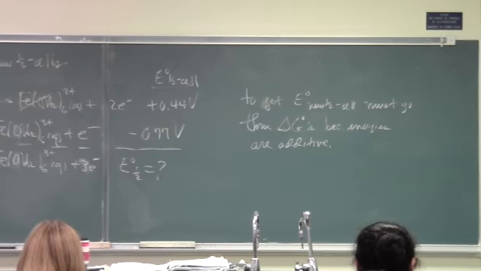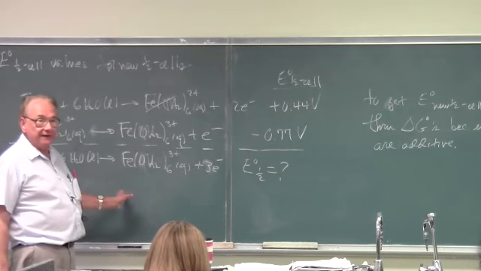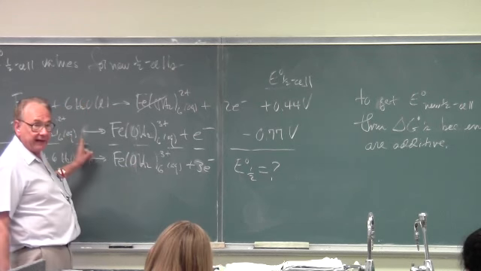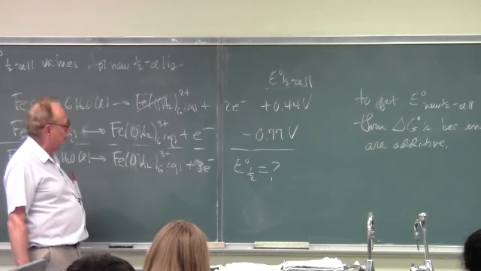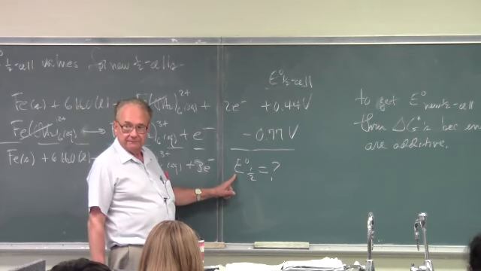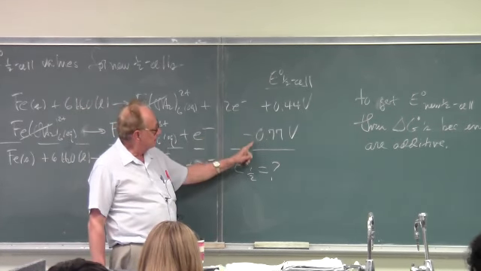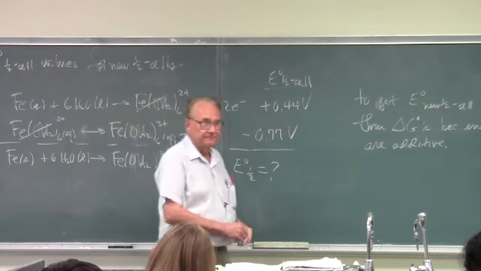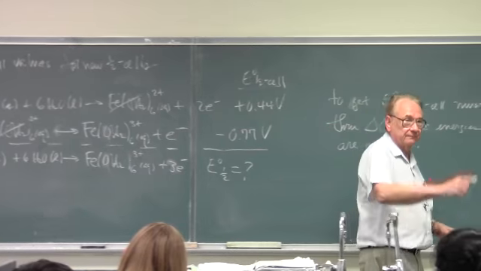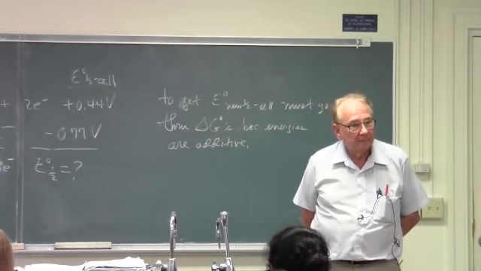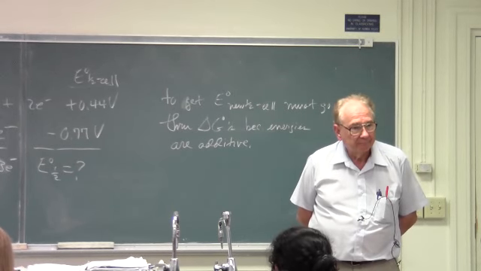Now tell me, before we operate on this, to get E0 for this new half cell, the one that's been derived by adding up these two component half cells, how do I expect E0 for this new half cell to compare to these values? I think it should be less than, because Fe3 plus is a lot less thermodynamically stable or favorable.